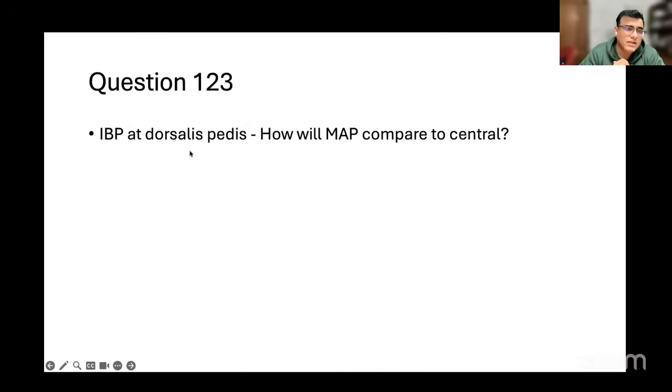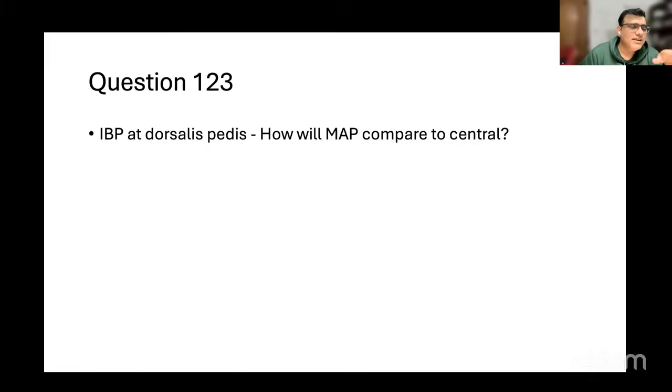IBP, or invasive blood pressure at dorsalis pedis: how will MAP compare to central? Peripheral blood pressure reading basically increases your systolic and decreases your diastolic compared to central.